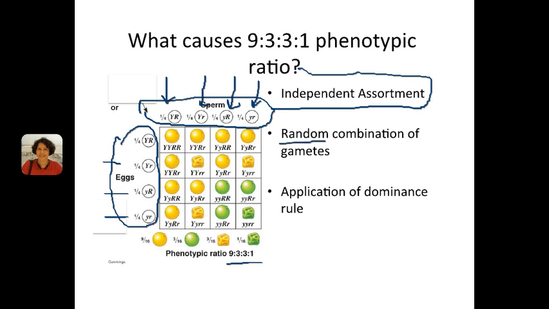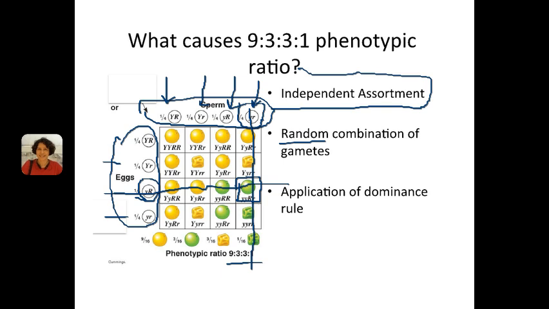If we just take a few examples, let's combine this sperm with this egg. Where do you see that result? Well, you follow the line down for the sperm, and you follow this line to the side for the egg, and where they cross is the zygote produced by that particular combination.